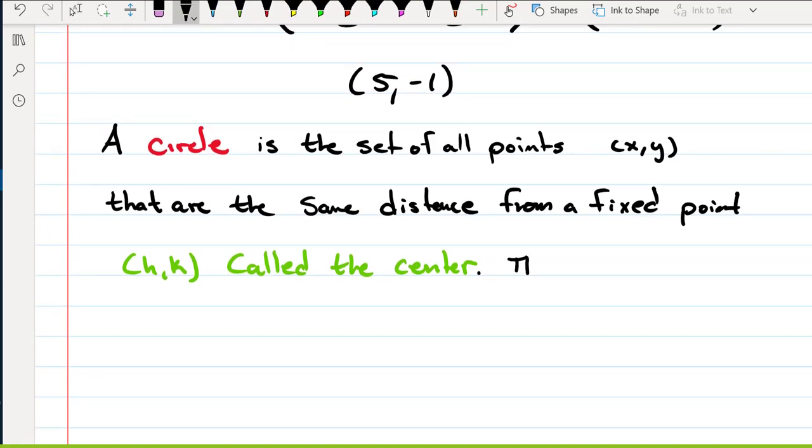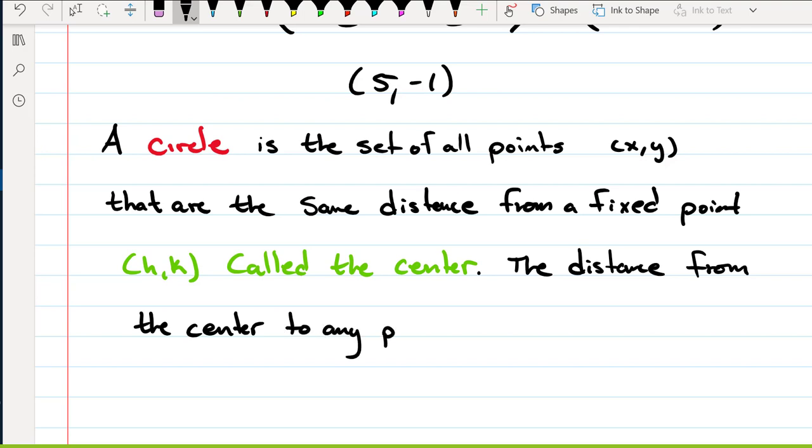The distance from the center to any point on the circle is called the radius.